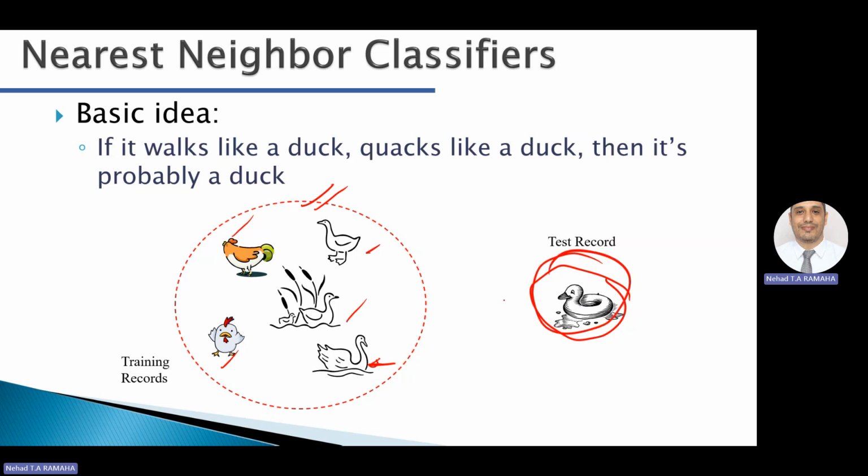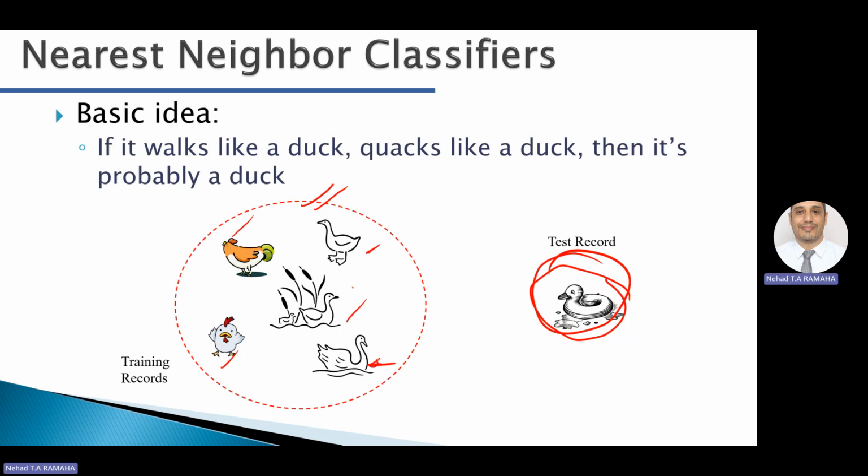If it sounds like a duck and walks like a duck, then it's a duck, yes? But in the computer, we will not know "walks like"; we know the features, yes? Features like type of walking and sound, or the level of the sound, and so on.